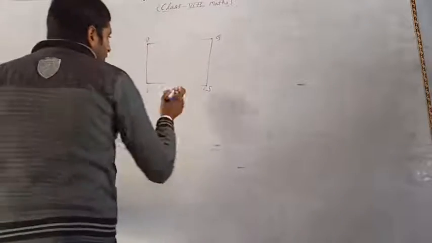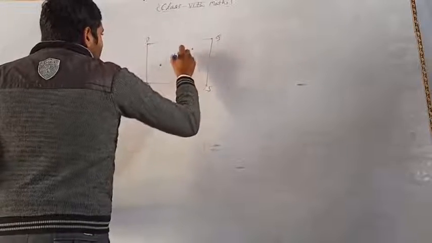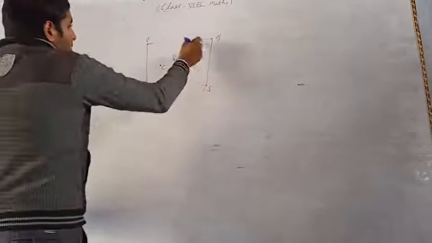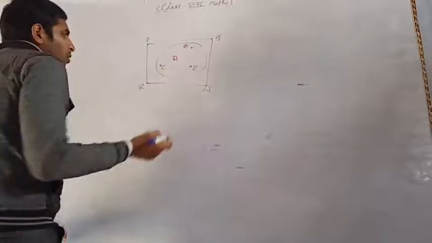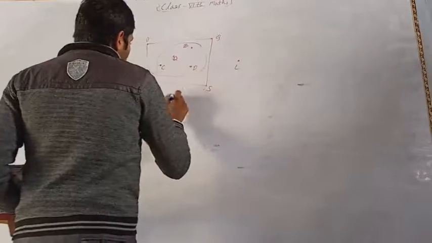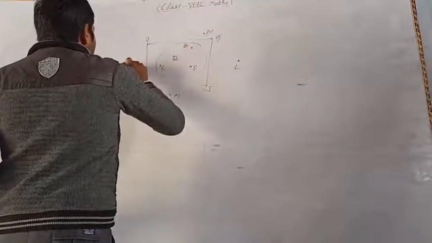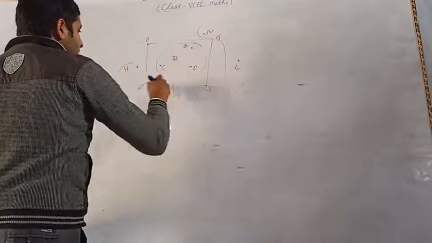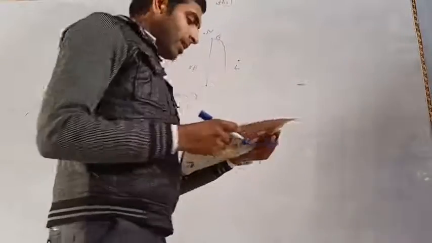Points which are inside the quadrilateral ABCD are called the interior of the quadrilateral, and points outside the quadrilateral, that is L, M, N and H, are called the exterior of the quadrilateral.